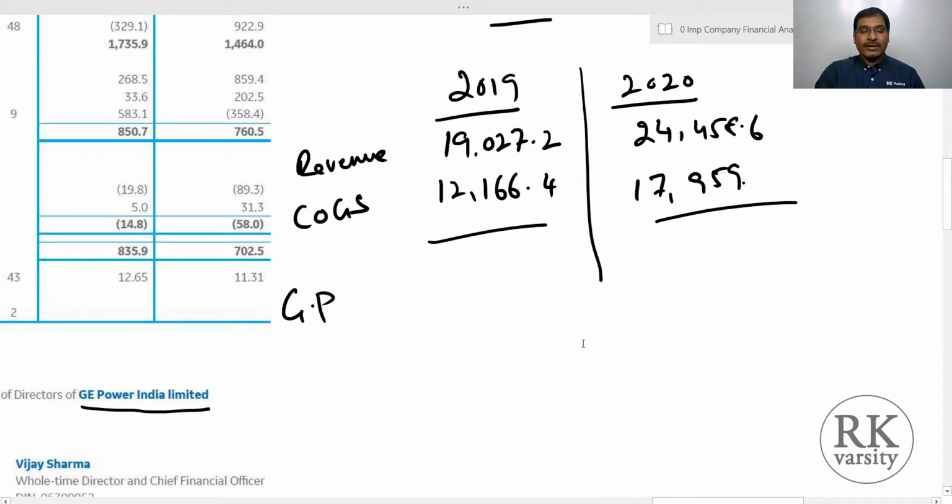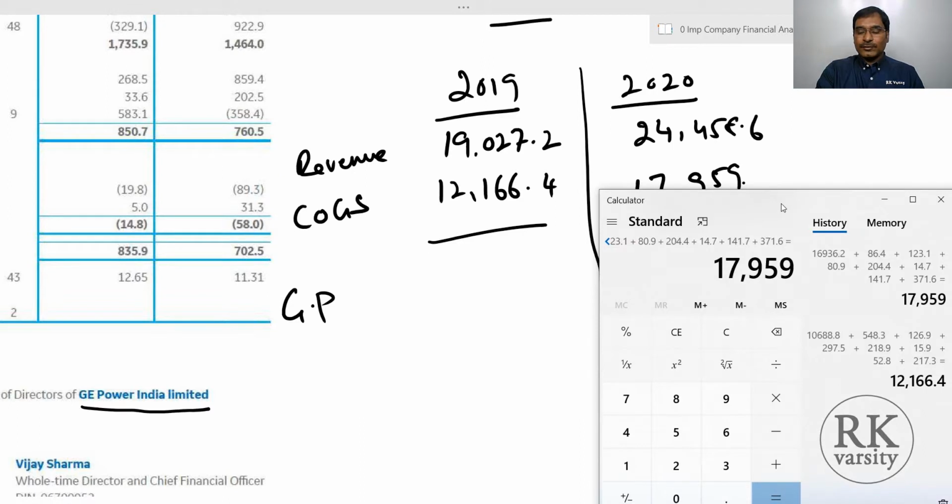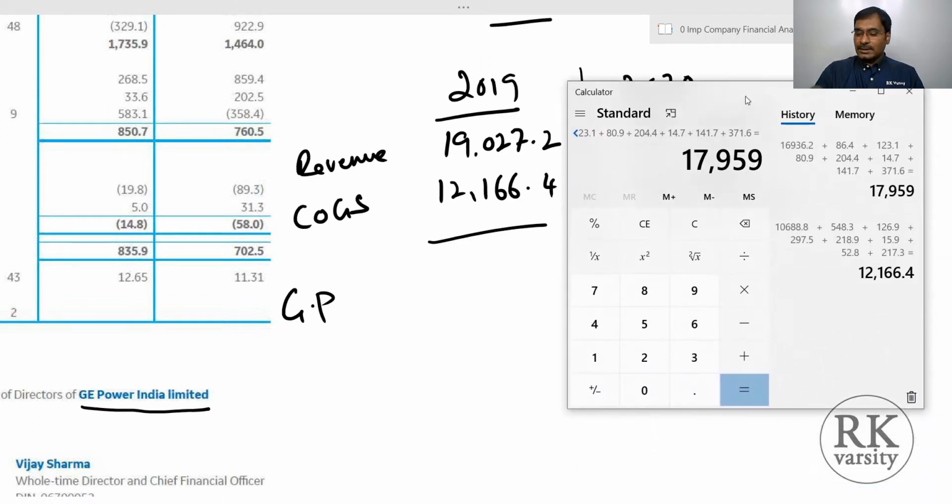So your gross profit is revenue minus cost of goods sold. So for 2019 this is 19,027.2 minus 12,166.4.